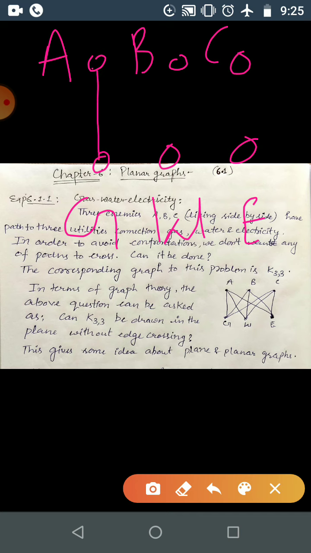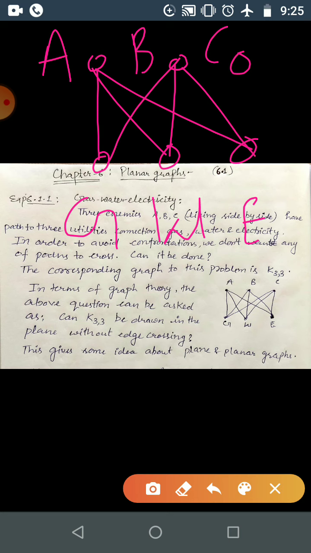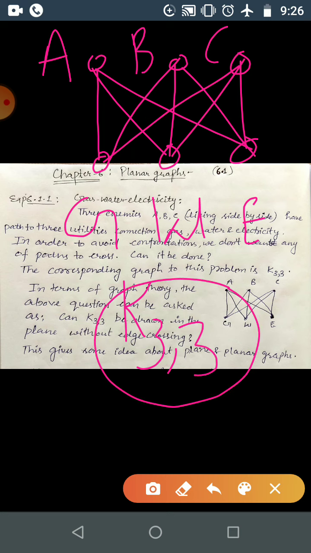As all have connections to all the utilities, there is an edge between persons and these utilities. So the graph we got is K3,3, the complete bipartite graph with partite sets of cardinality three and three, okay.